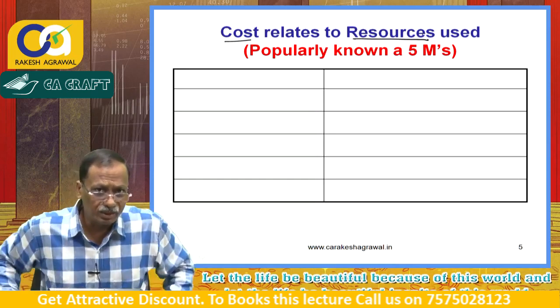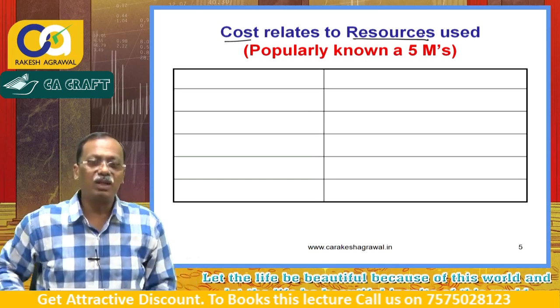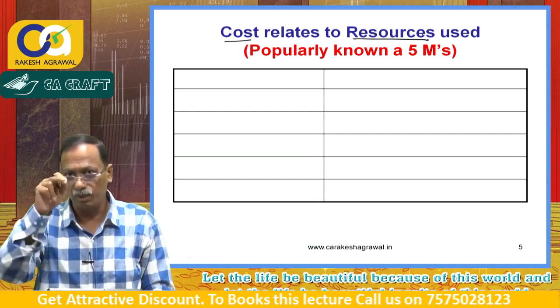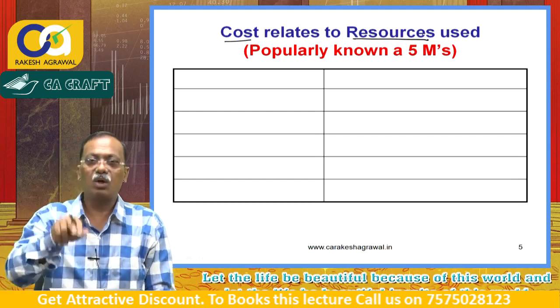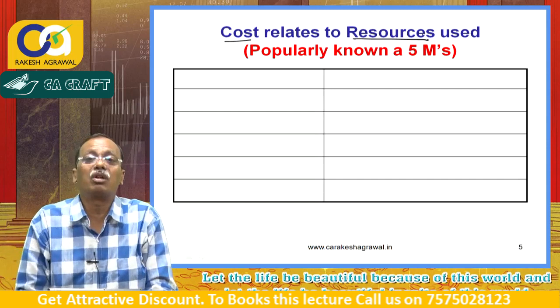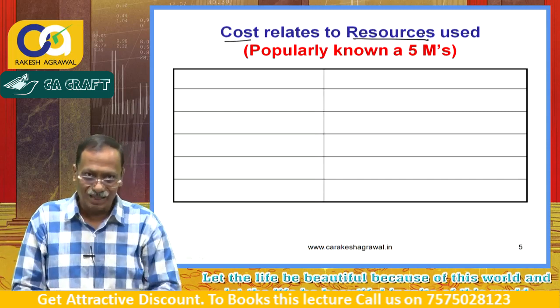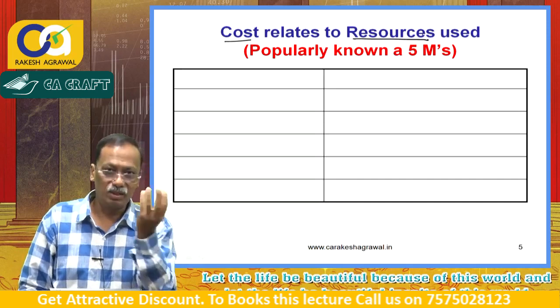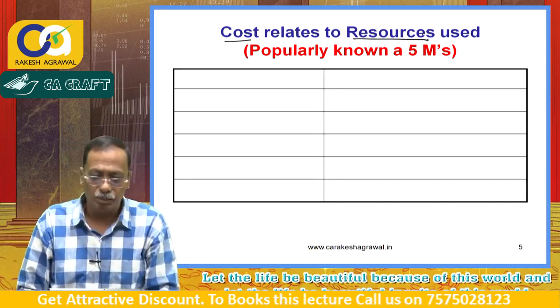So don't you think there is a cost of using that resource called vehicle? The cost of using that vehicle, and the vehicle is used for becoming CA, that cost will get added in the cost of becoming a chartered accountant. It means all resources have got a cost, and resources are used to fulfill your objective.